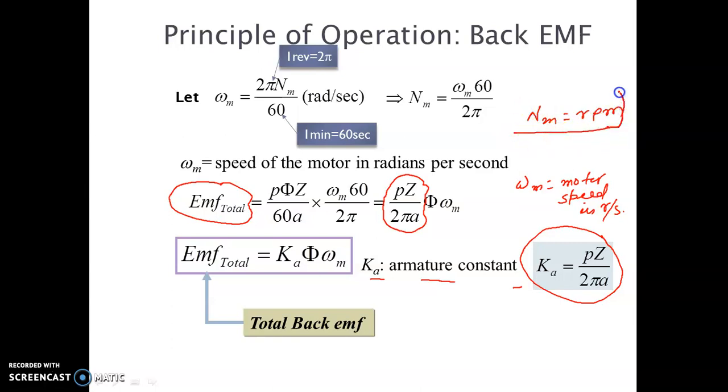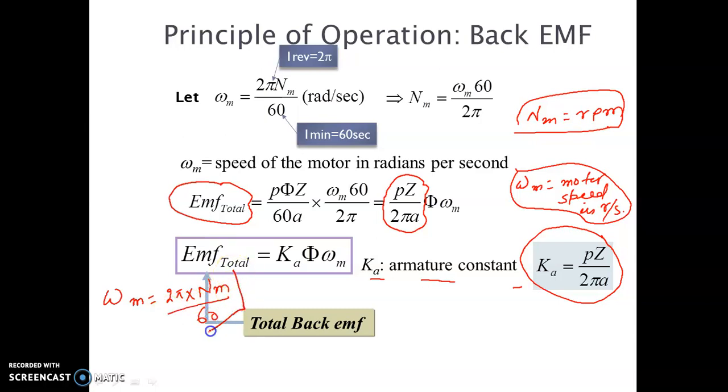I have written these two units for the speed of the motor. To convert Nm into omega m, the relation is omega m equals 2 pi Nm divided by 60.